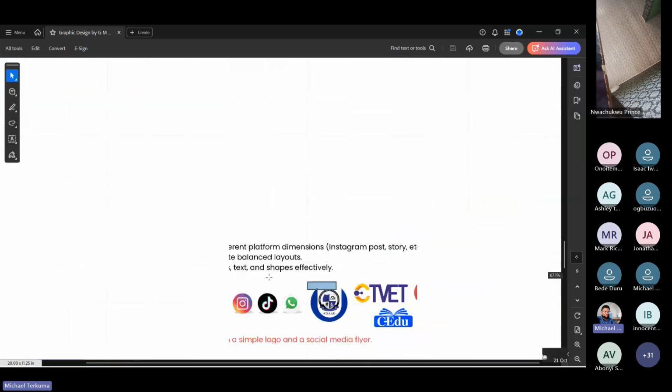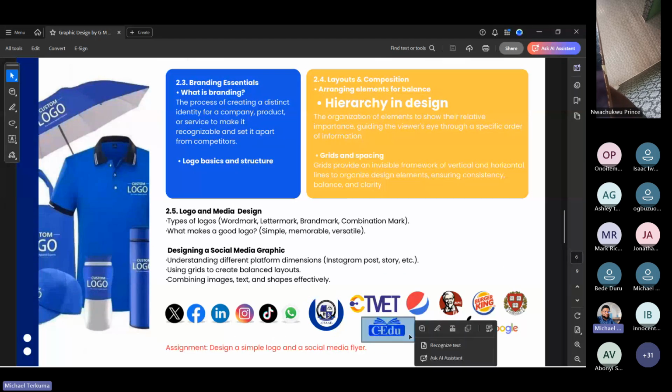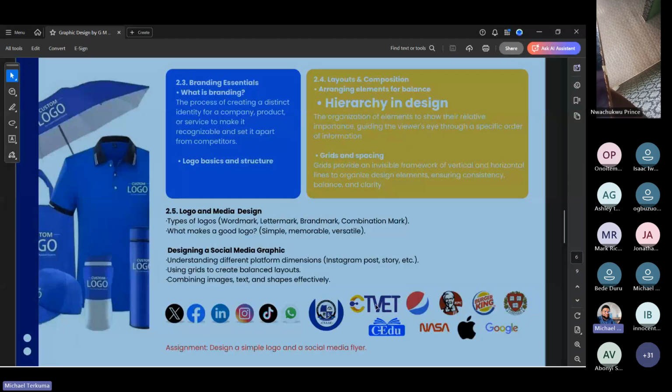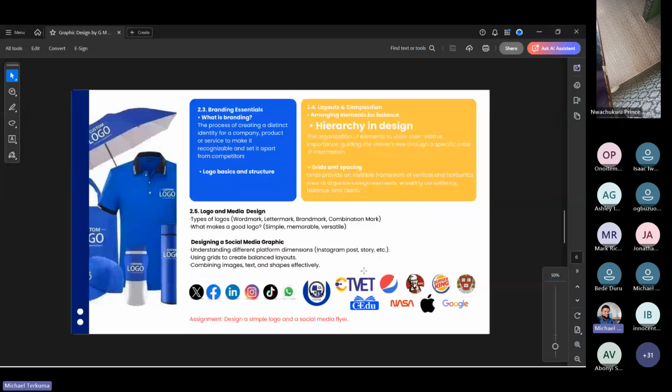But if you see these particular logos, if you see Pepsi, you identify them easily. That is what makes your logo unique. I always advise you to be artistic. Look at X now. X is just X, and their color is black and they keep it black. I think it's actually black and blue, but they use the black most.